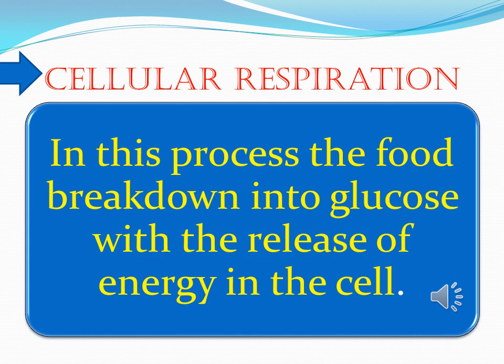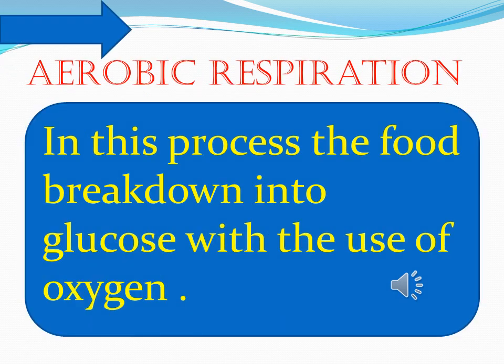It means that the glucose is broken down in the cell, not in the body, and releases energy. I already told you that in respiration the cell releases energy, but in this the glucose breaks down in the cell and releases energy, so it is called cellular respiration.